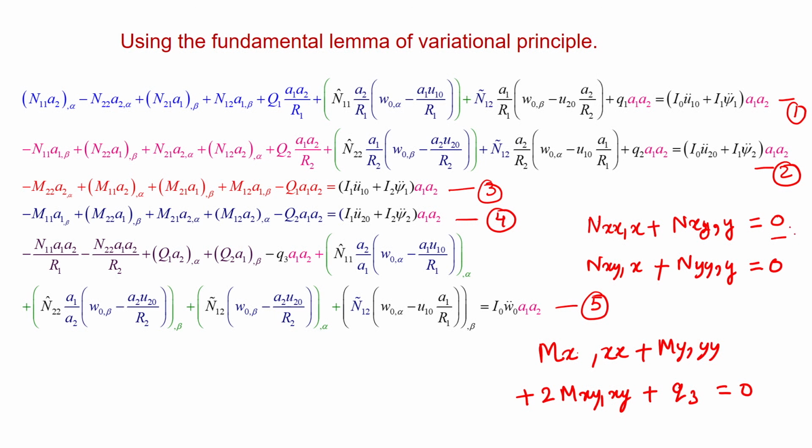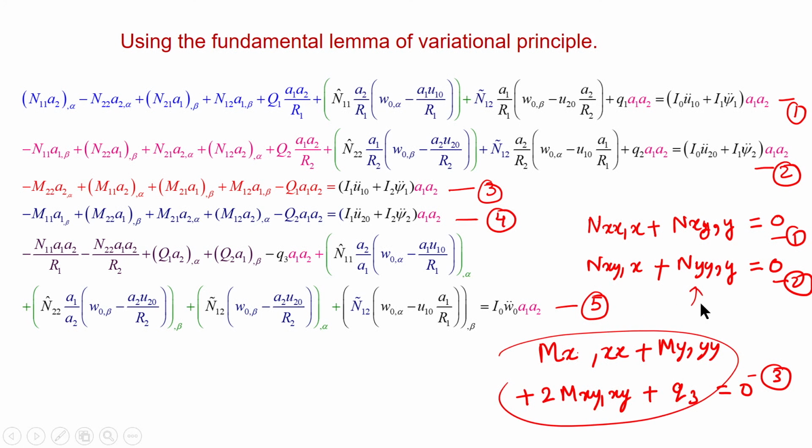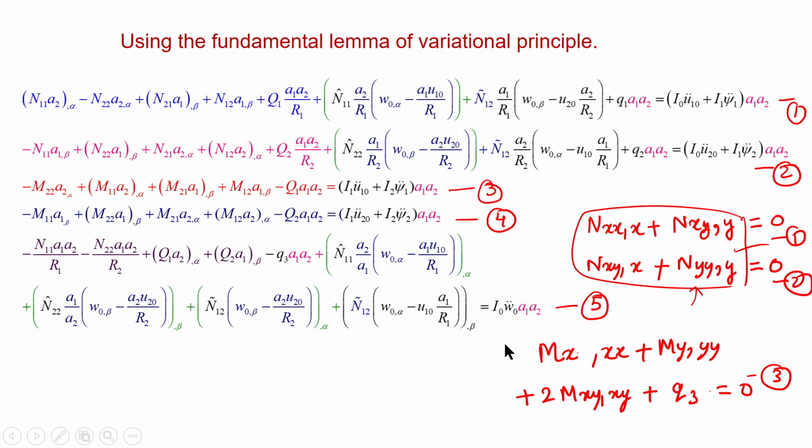Here these in-plane equations are not coupled through the third equation; the moment equations are not here. If you write it in terms of FSDT, Q1, Q2 do not come. So, we can solve these two equations independently and the third equation independently, but for the case of a shell it is not true. They are coupled through Q1, Q2.